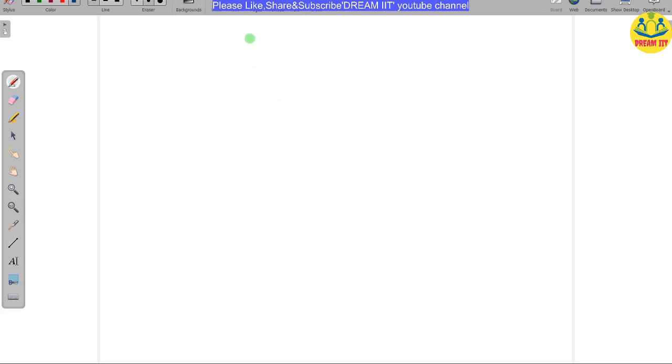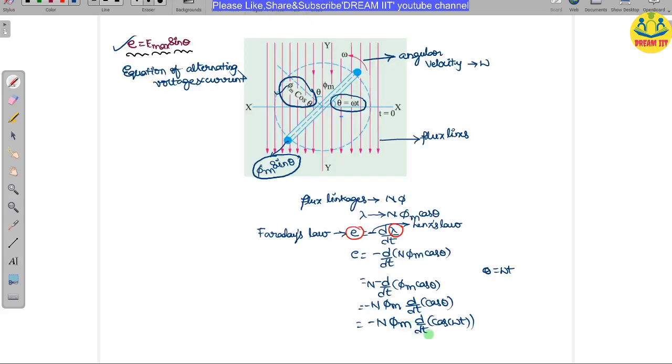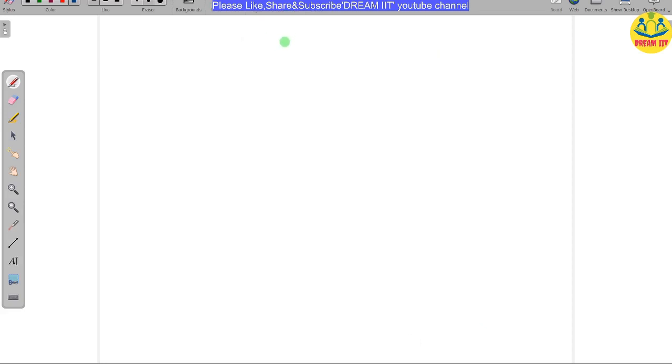So cos omega t we have written here, d by dt of cos omega t. Next, if you see here, induced EMF we can write as minus n phi m d by dt of cos omega t. Sorry, the minus sign is not there here.